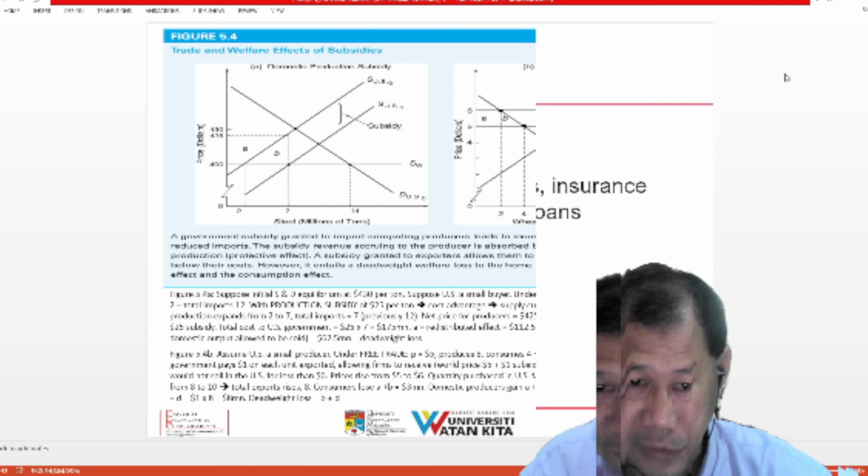With a production subsidy of $25 per ton, this will give a cost advantage for the US, and as a result, the supply curve shifts to the right. So domestic production expands from 2 now to 7.